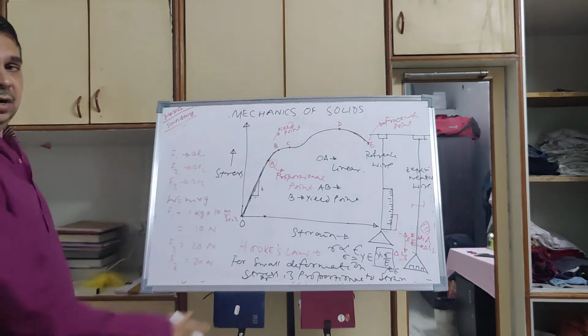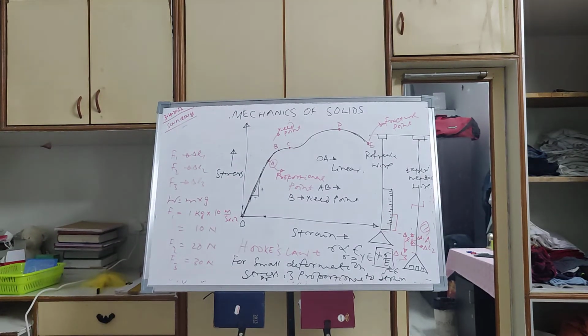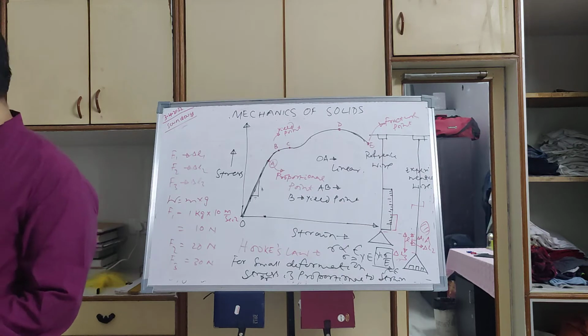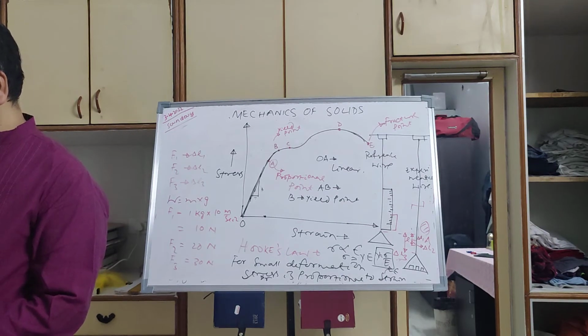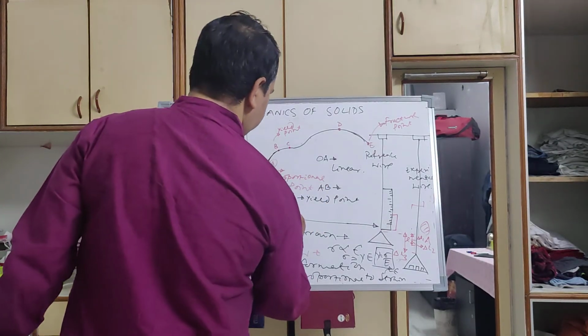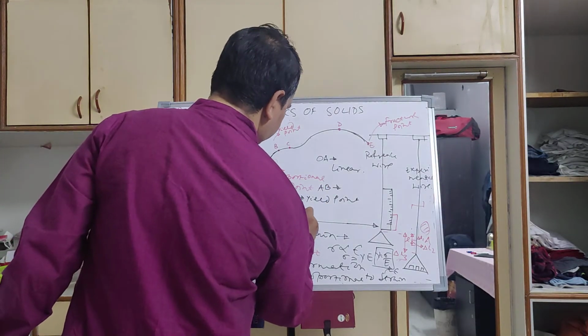But if you apply load beyond B, it will not come back to the original condition O. So B is the yield point, also known as the elastic limit. And A is the proportional limit.